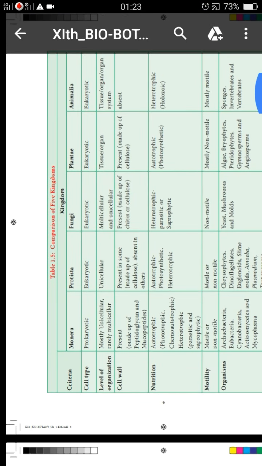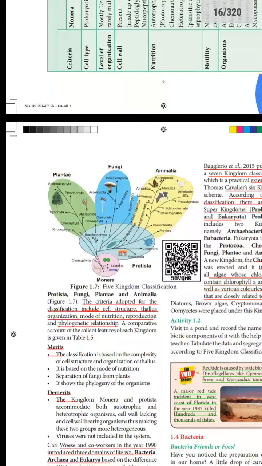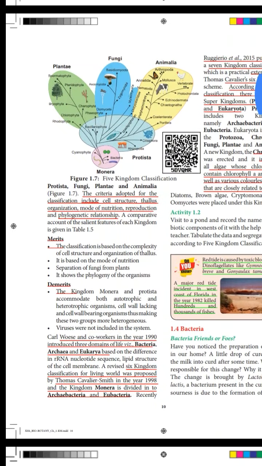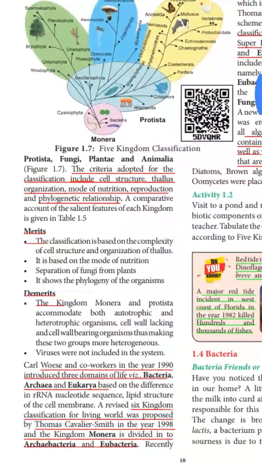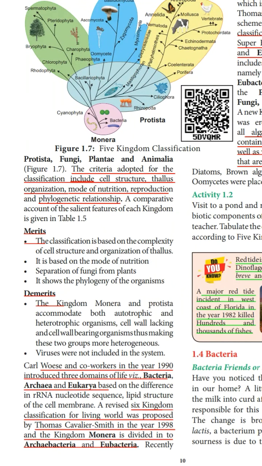Now in this 5 kingdom classification, as we have already studied, we can see the criteria adopted for the classification. They included cell structure, whether they are prokaryotes or eukaryotes.